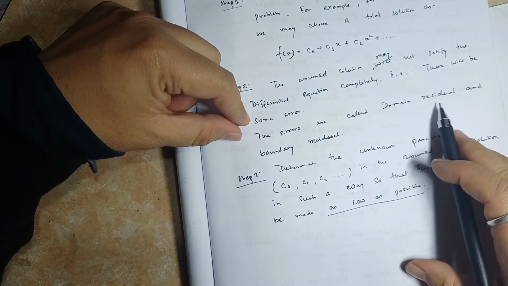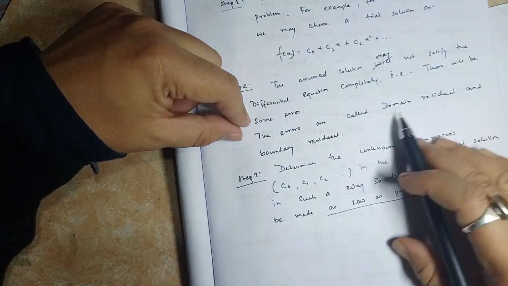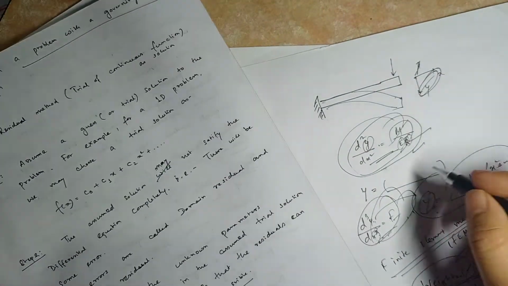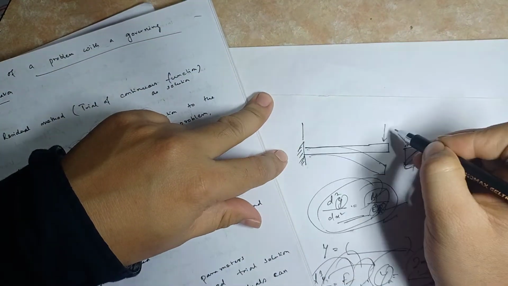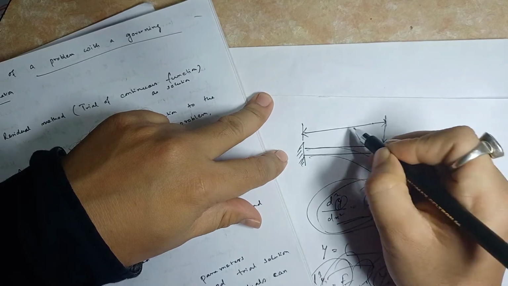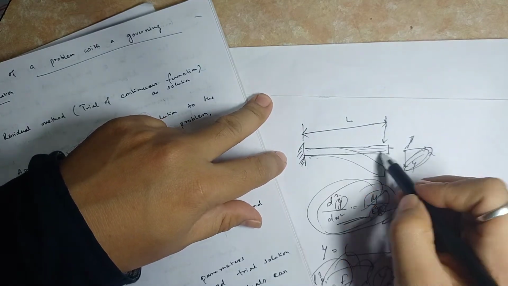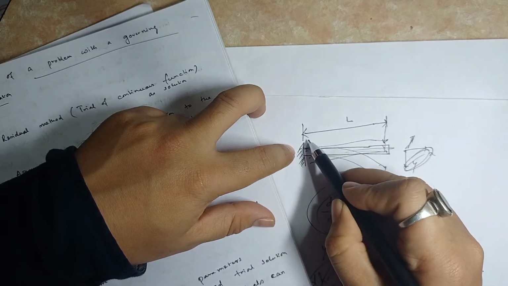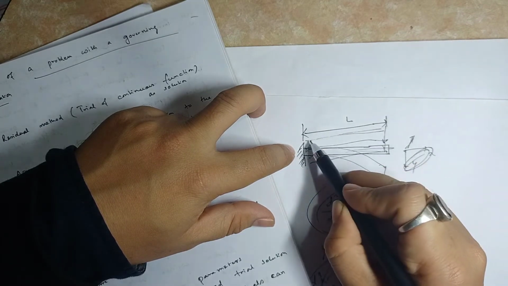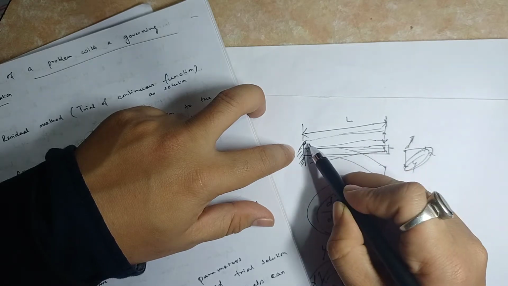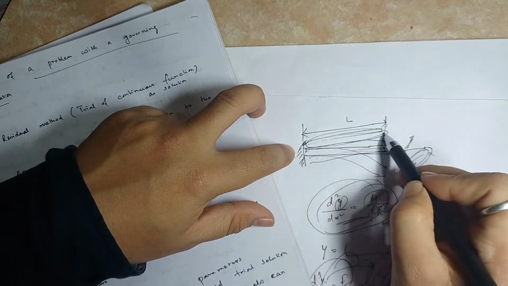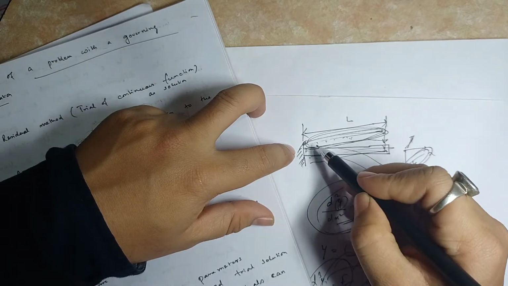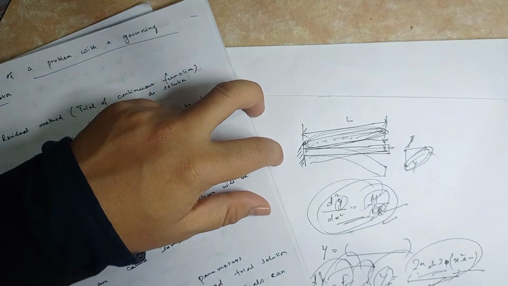So errors are called domain residual. There are two types of residual: domain residual and boundary residual. Domain residual is when, let's say from here to here, this is the length of the beam. We take the entire region, from the starting point to the ending point. The differential equation for this entire region we take in the residual form.